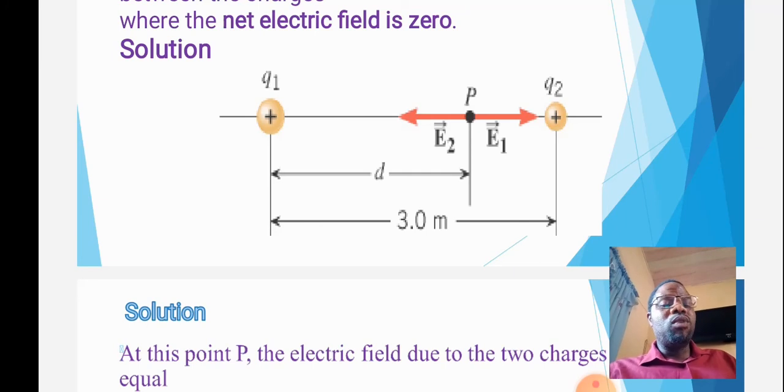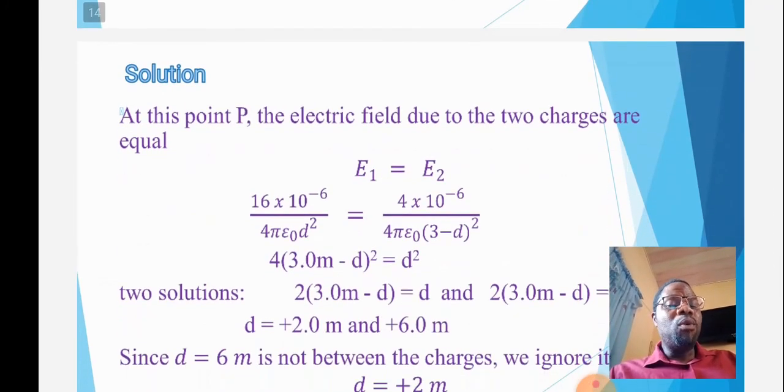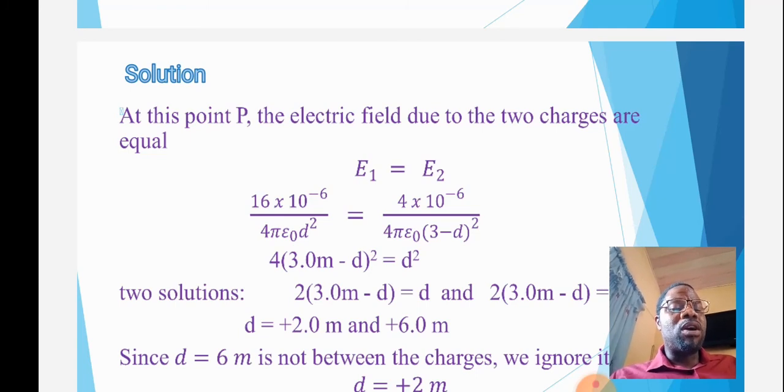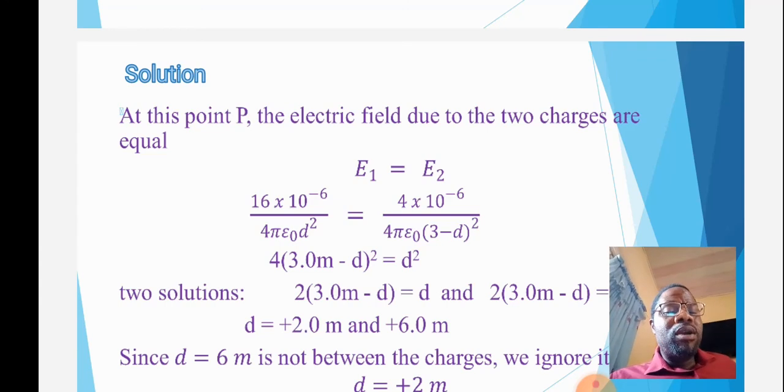Which gives us that 16 times 10 raised to power minus 6 over 4 pi epsilon 0 d square is equal to 4 times 10 to the power minus 6 over 4 pi epsilon 0 into 3 minus d all square. So when we cancel out, we now have 4 into 3.0 meter minus d is equal to d square.